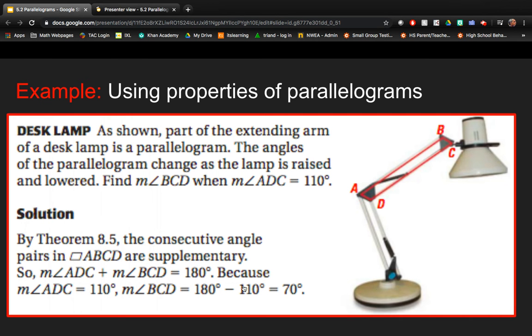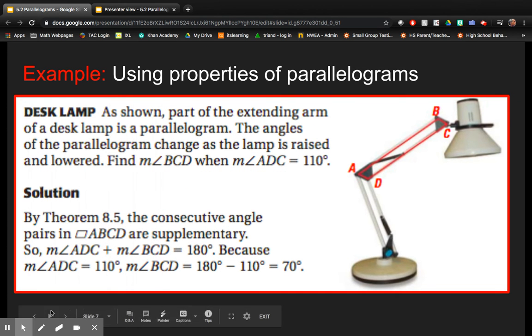Another way you might look at this is to make an equation. Where it says the measure of angle ADC, which is this one, plus BCD, which is this one, is 180, I'm going to put shorthand here. So I'm going to say angle D plus angle C is 180.